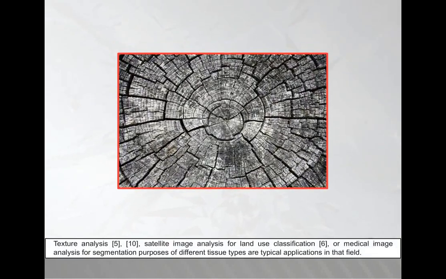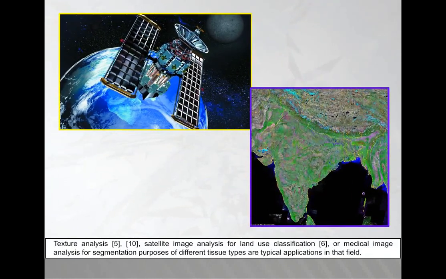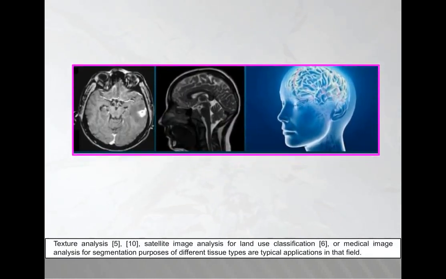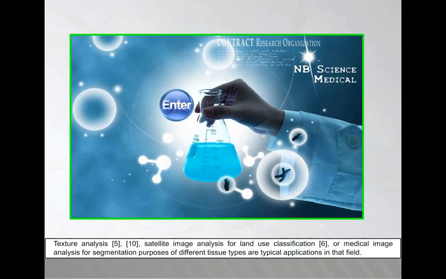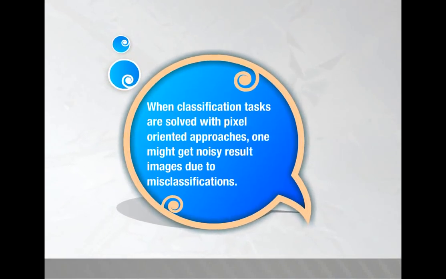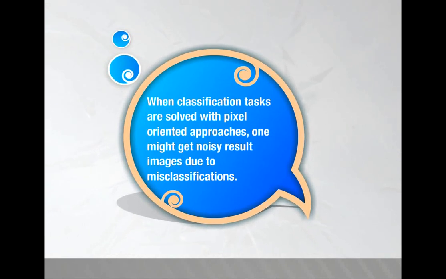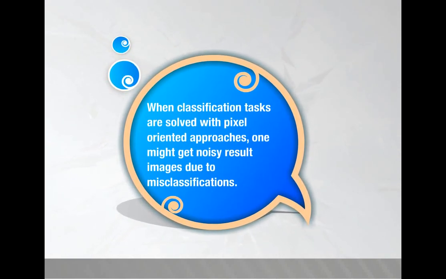Texture analysis, satellite image analysis for land use classification, or medical image analysis for segmentation purposes of different tissue types are typical applications in that field. When classification tasks are solved with pixel-oriented approaches, one might get noisy result images due to misclassifications.